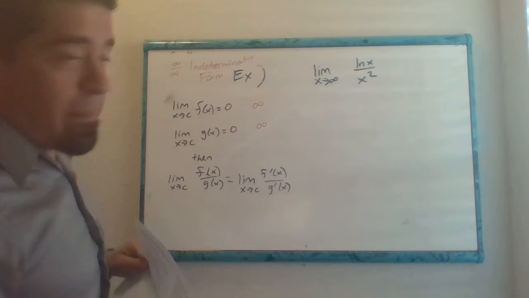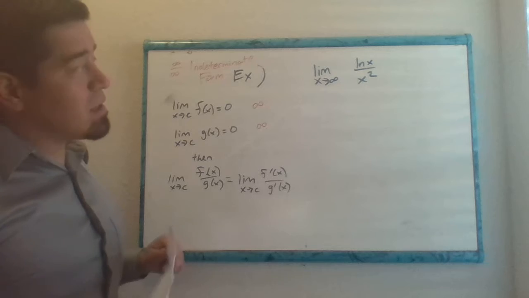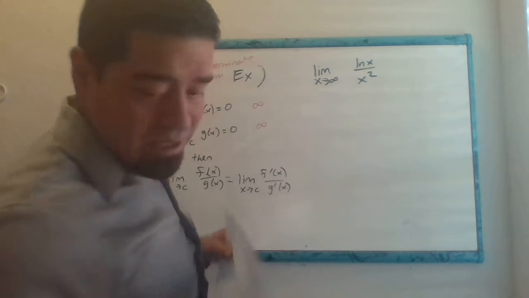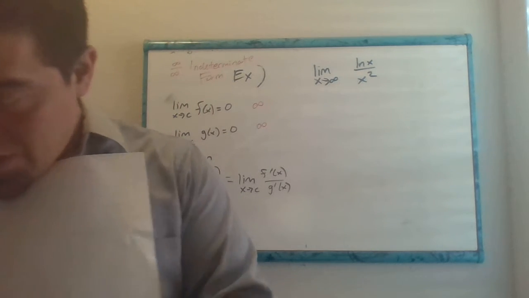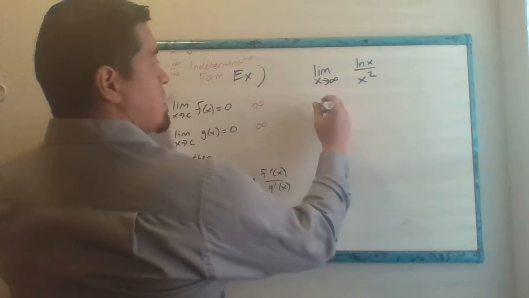So again, we don't know how to evaluate this directly. Well, that's the check actually. We're going to check the limit at infinity for the top. Okay, that's going to be our check here.